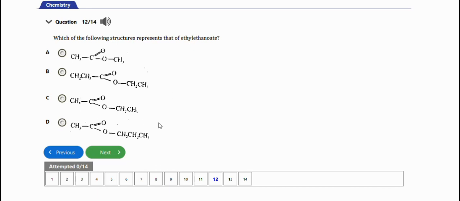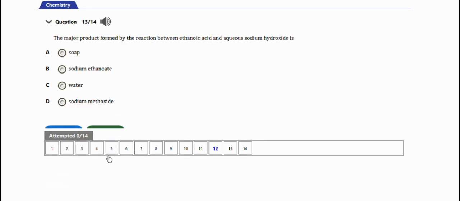Next question, this one says the major product formed in the reaction between ethanoic acid and aqueous sodium hydroxide is, so the right answer will be sodium ethanoate. That's the product that will be formed.